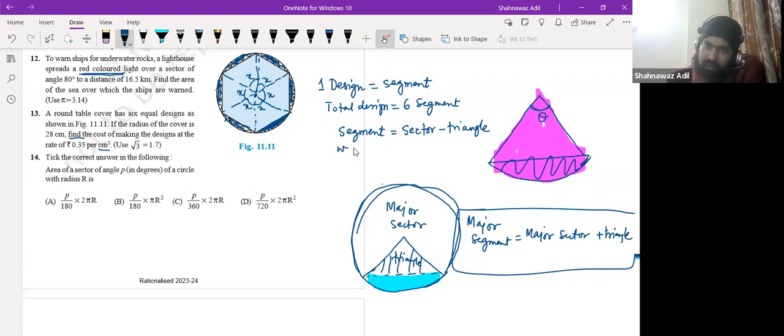So we know 6x is 360, so x would be 360 by 6, that is 60 degree. So this theta is 60 degree. Clear?